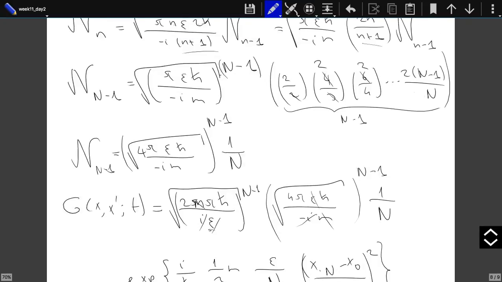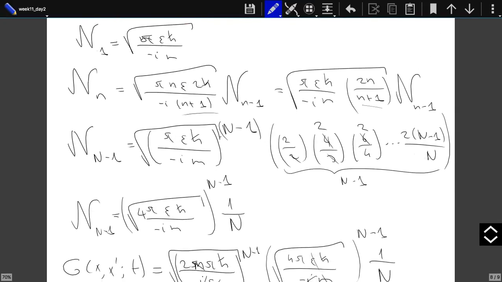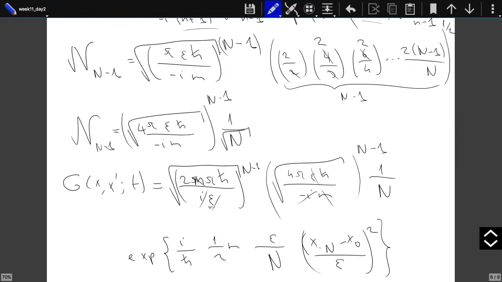Now let me just check one thing more. Now all of this factor is also under the square root, right? So this is not just 1 over n, this is square root of n. So this is not 4 pi, this is just 2 pi.